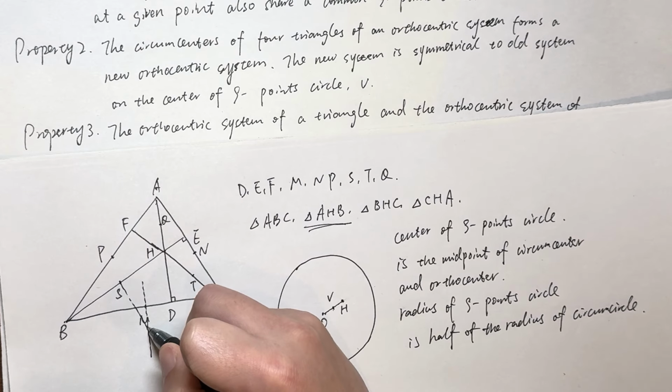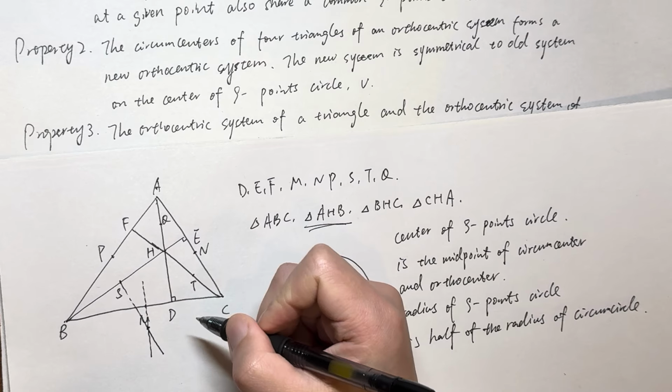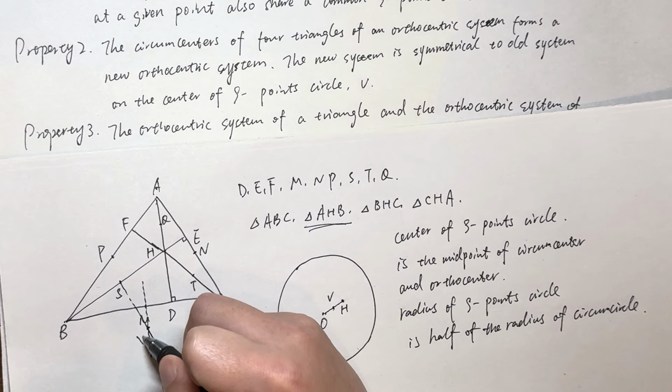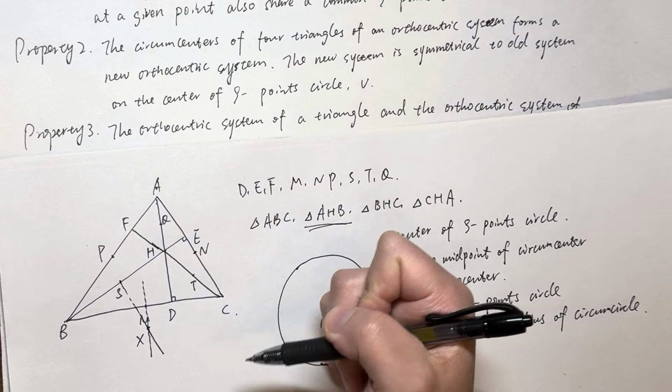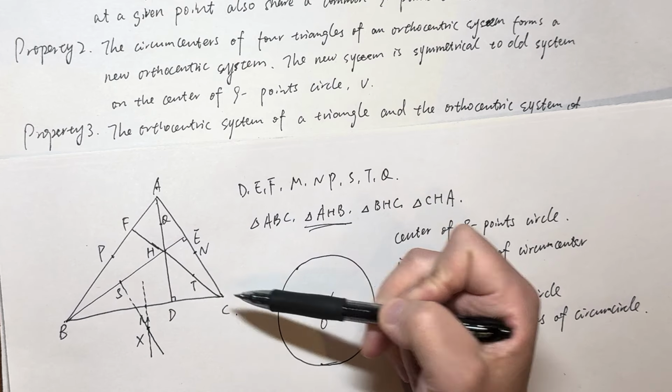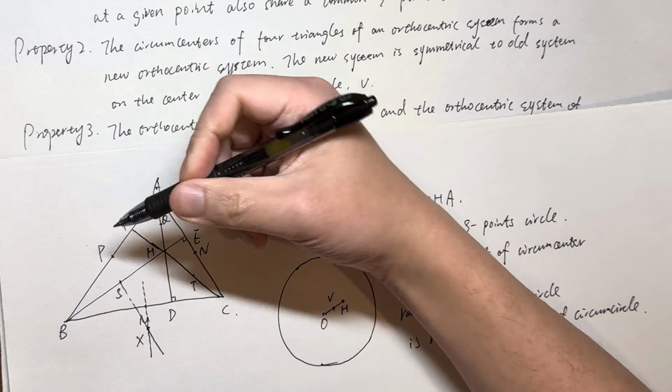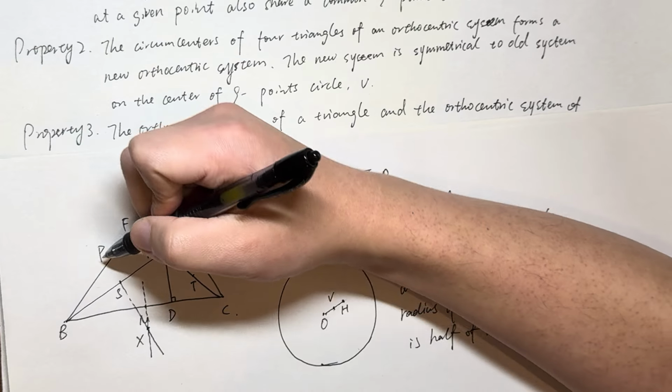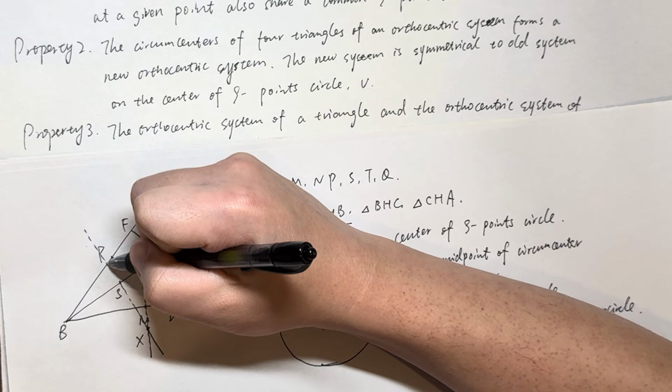Right. Then this point, let's call it X. That is a circumcenter of the triangle BHC. Similarly, we can extend it here, right?